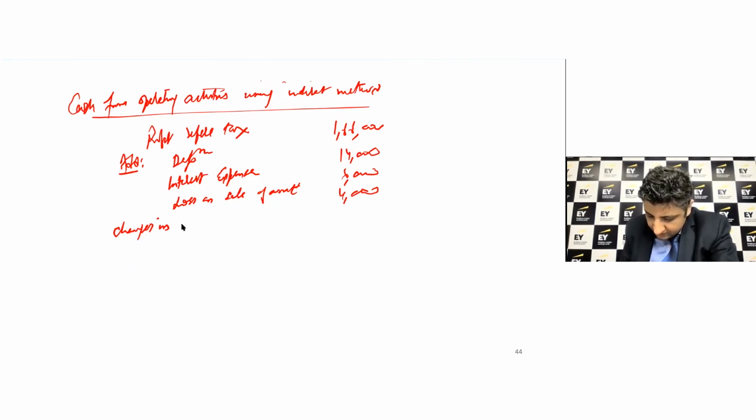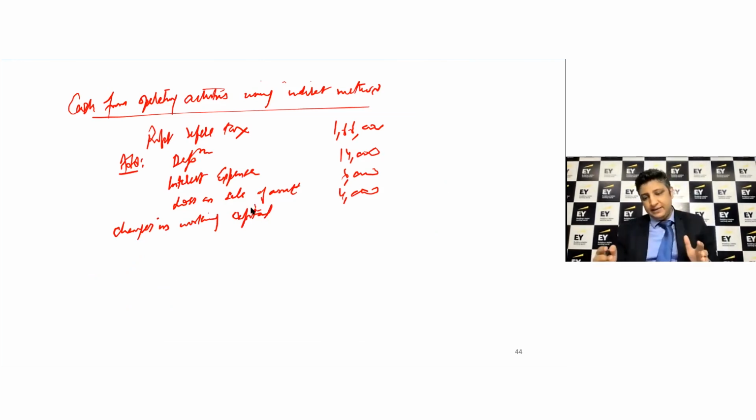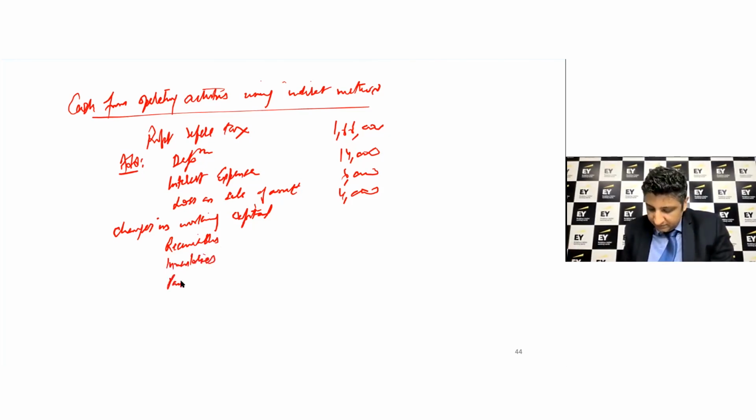Now, we also want to look at what are my changes in working capital, right? Essentially, on my receivables, on my payables, on my inventories, for example, right? What are the changes? Because they are also arising because of the operations. So let's say receivables, inventories, and payables.